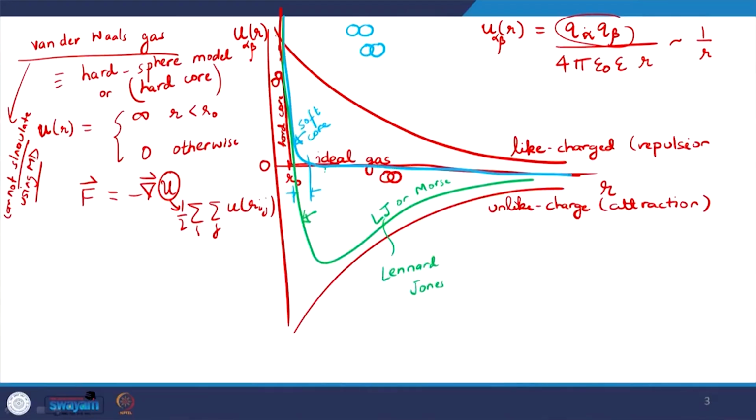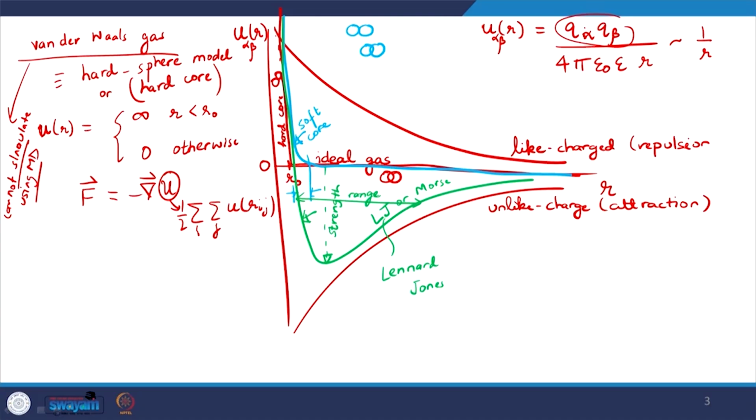By negative, it means that there is some attraction, and the depth of this kind of a well represents the strength of the interaction, and the broadness of the plot represents the range of the interaction.